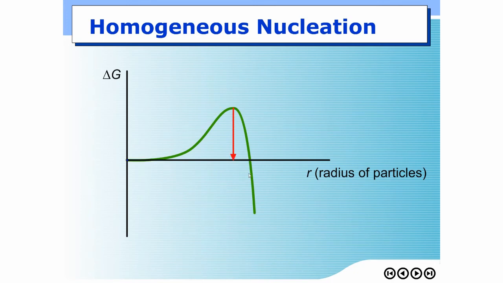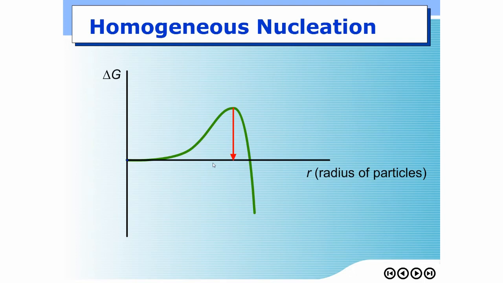Now, if I remove the red line and the blue line and consider the green line only, you see that if I start from r equal to 0, that means no particles yet, then the larger the particles, to some extent, this area gives the increase in total energy.